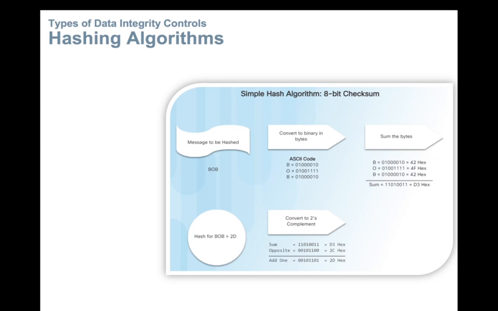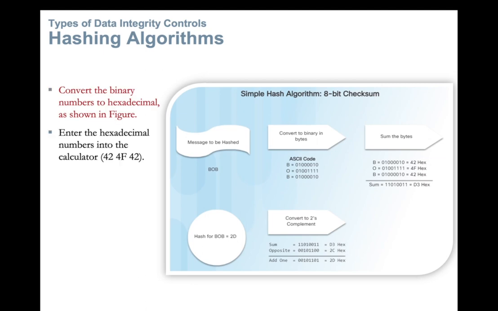The result is the hash value that we get, 2D. Once doing this for BOB, we will get the 2D value. So this we call the hashing.